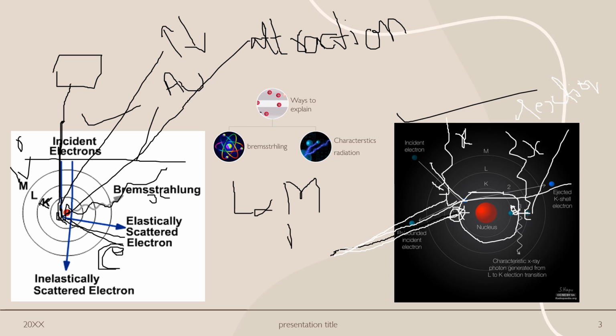If the vacancy is filled by the N shell, we term it beta. If it is filled by the O shell, we term it gamma. In this way the process starts. We just term the upper orbits as alpha, beta and gamma, series-wise. And that's all about today's lecture.